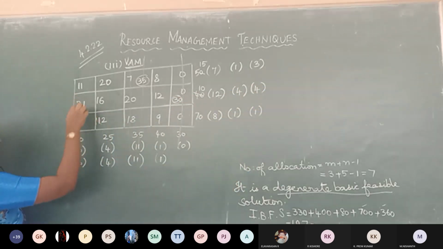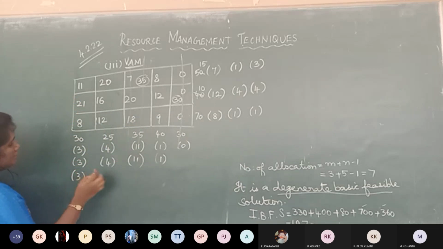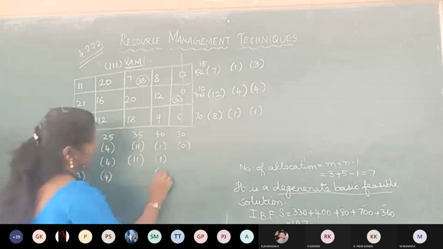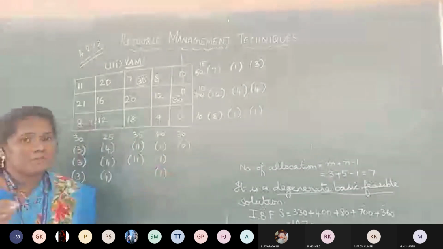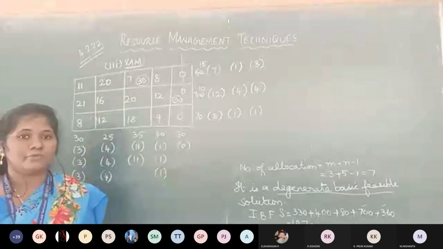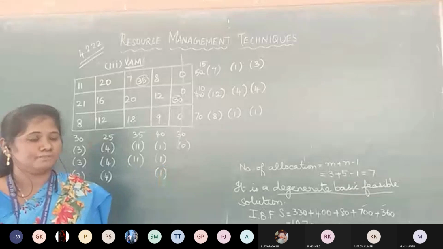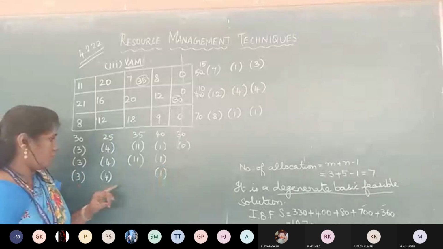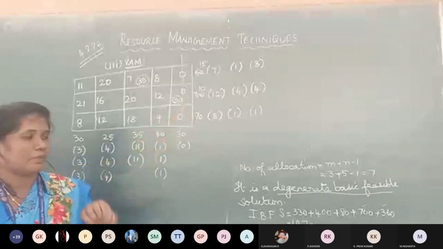You will be finding out the difference only for the values which are not struck off. So 3, 4, 1.